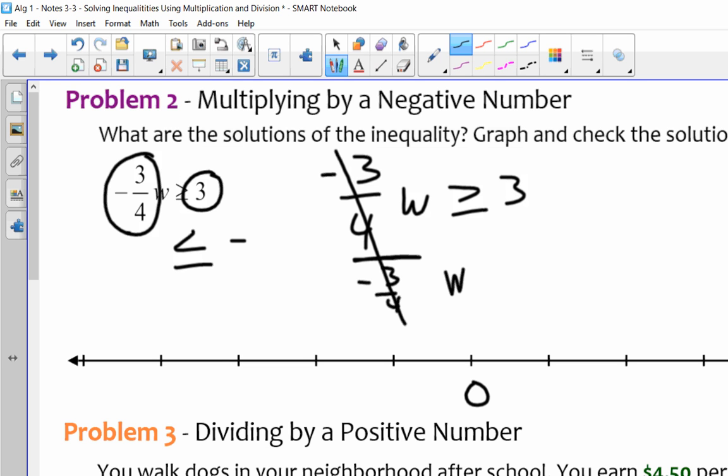I knew I had to switch or flip the sign, and this is positive on the right, so I'm dividing by a negative, it's going to be that, okay? But you got to remember another rule. So this problem, it looks pretty simple, pretty small, but I have to multiply by the reciprocal, so I flip the fraction, okay?